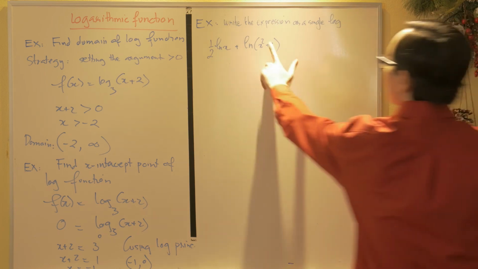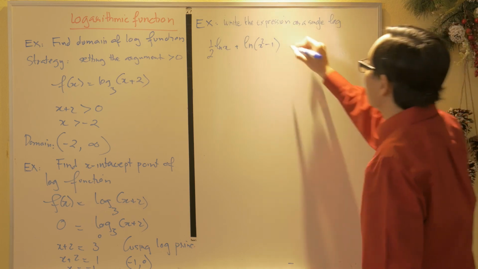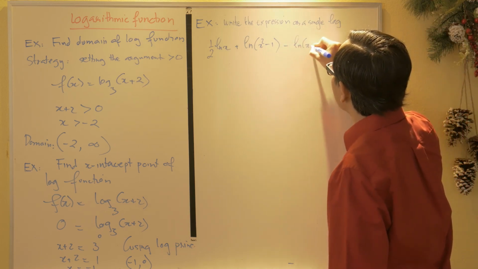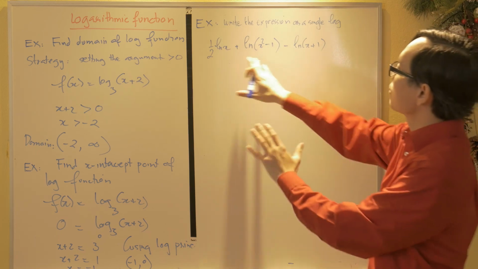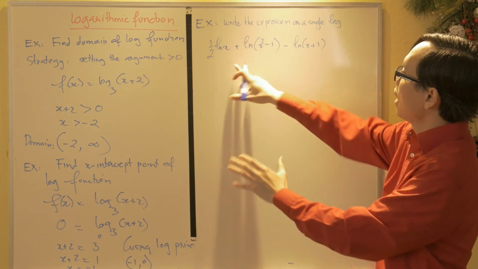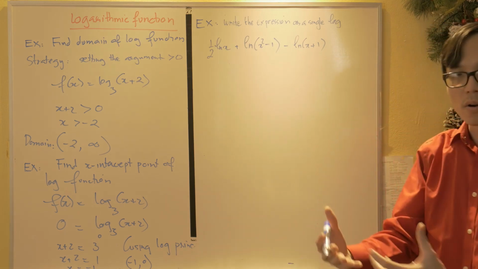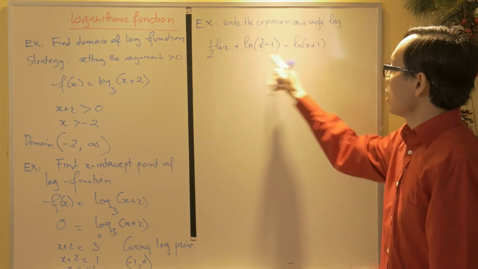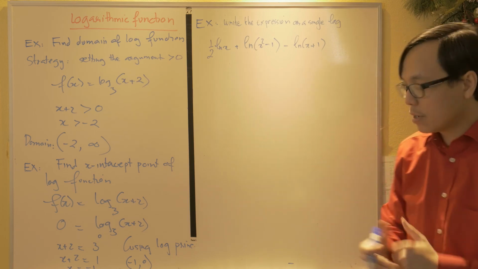Oh, it's minus, I'm sorry. Minus ln(x plus 1). So the question is in the sum and difference form, and I want to rewrite it in the quotient and product form, as a single log. We have three natural logs here, and we have to rewrite them as one log only.